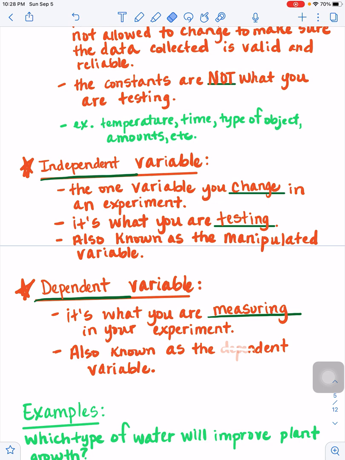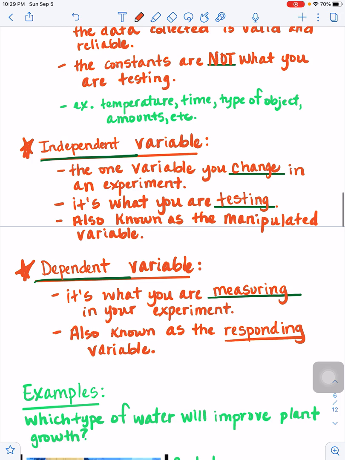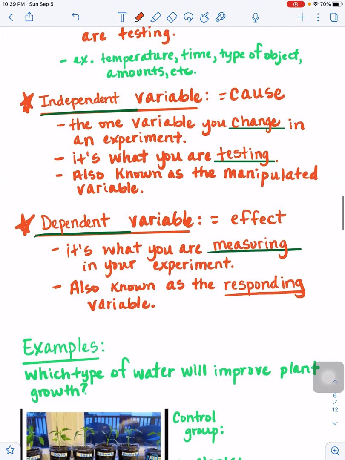Let me change that, because it's responding to your manipulated variable. Let's write in responding. Knew that seemed odd. Okay, so also you can write this in: independent is the cause, and the dependent is the effect. That was on your notes from another time, but I just wanted to put it here as well.